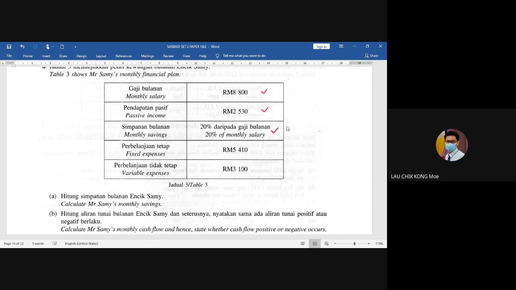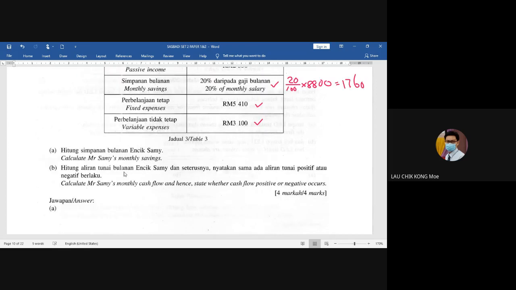So this 20% only from monthly salary. Okay, so berapa dia simpan? 8,800. So dia simpan 1,760 ringgit. Okay, itu monthly saving. And then fixed expenses 5,410 and variable expenses 3,100.